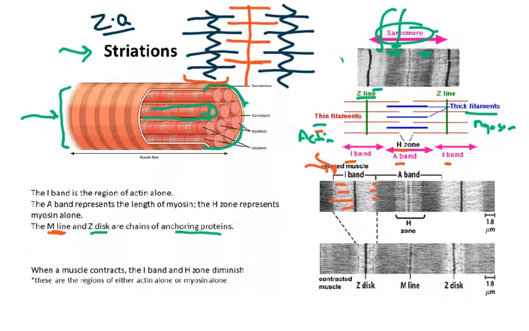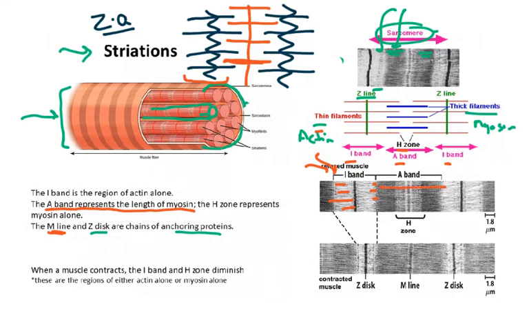So that gives me my I band. The A band represents the length of the myosin. And so we have an A band throughout this length of the myosin. So that's going to be our A band.